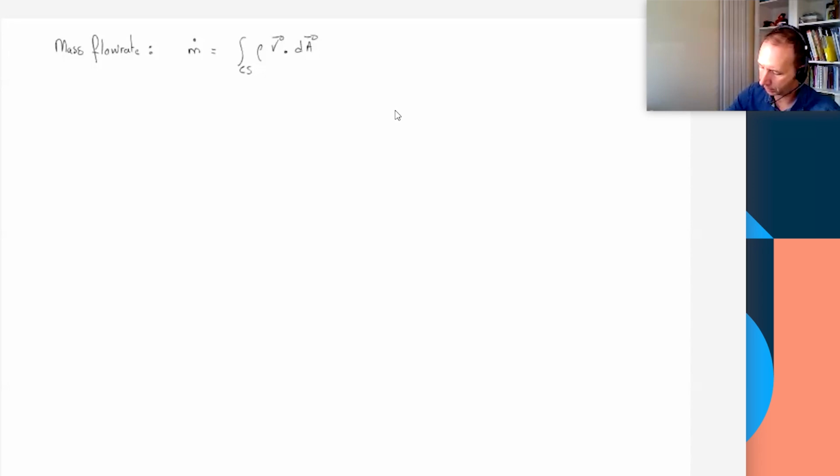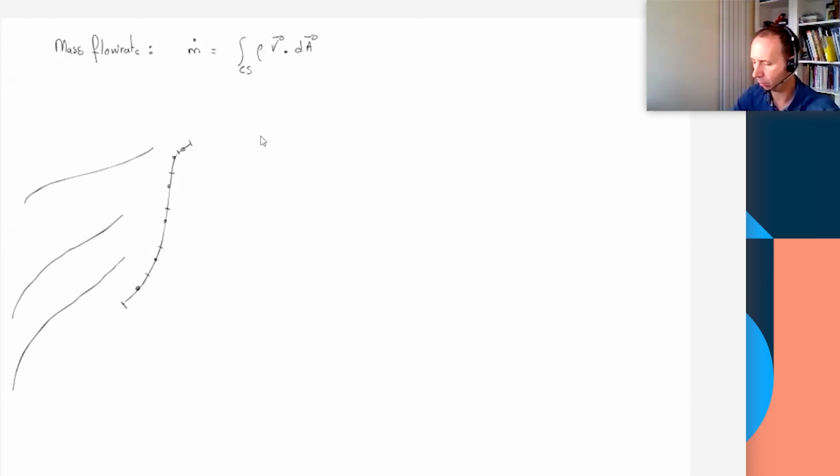If you have any surface, let's say something like this, let's break it down into discrete surfaces. That's an imaginary surface in 2 dimensions through the domain. The fluid comes, let's say, from the left, and it's somehow moving upwards.